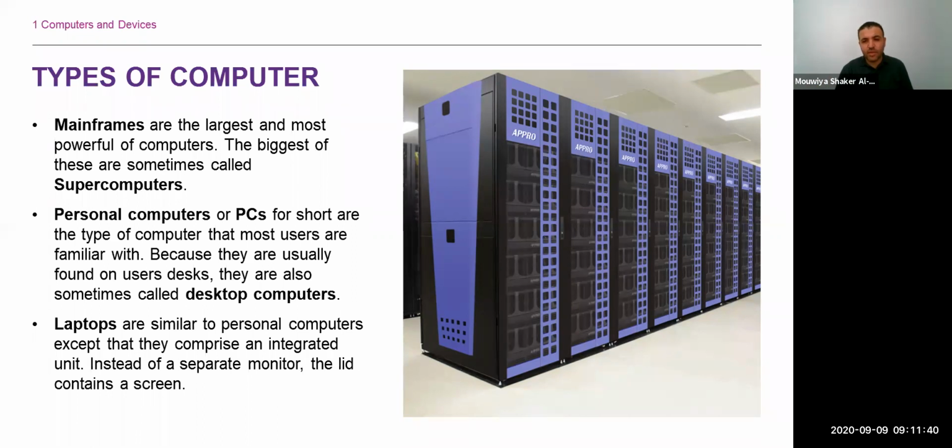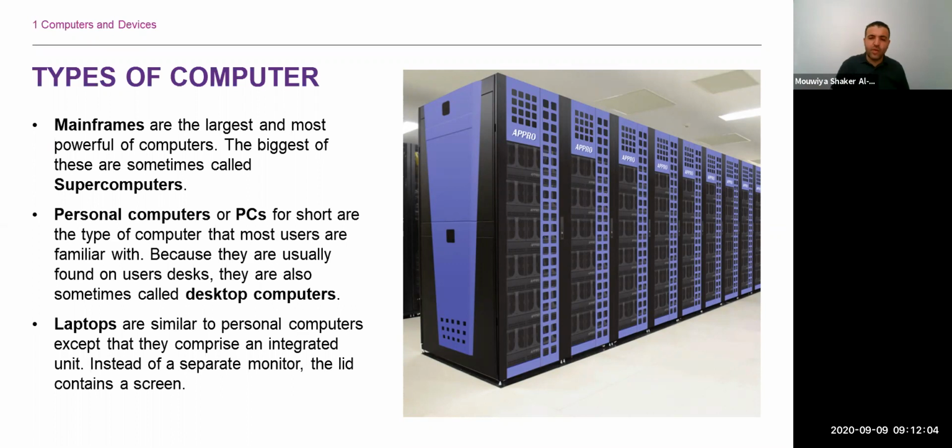Personal computers and laptops: the only difference is that laptops are compact, with all the hardware compacted together. The keyboard is attached to a laptop, while the keyboard for the desktop is outside.